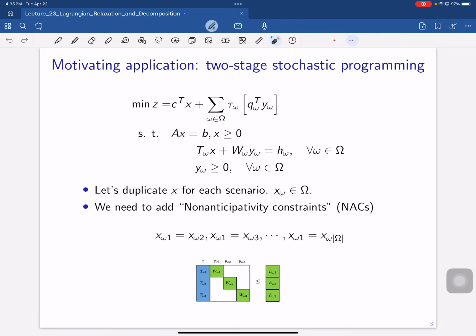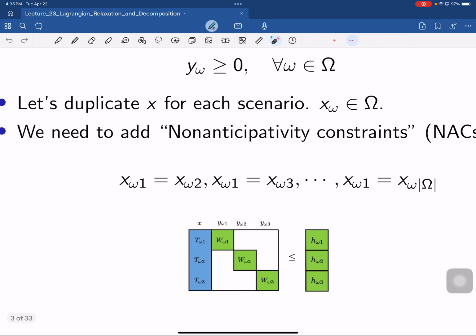Since you know that x is a complicating variable, what if we create a copy of x for each scenario? Then both x and y are copied for each scenario. But if you do this, you still have to make sure that all the copies of x are identical, because you have a unique first-stage decision to make.